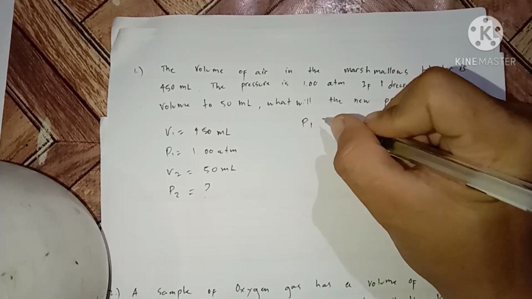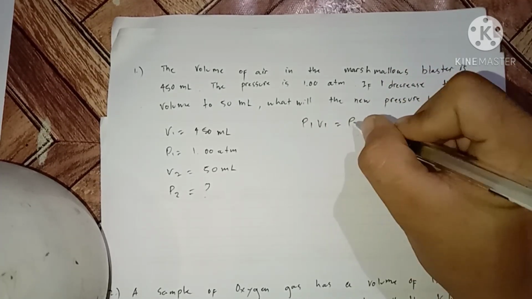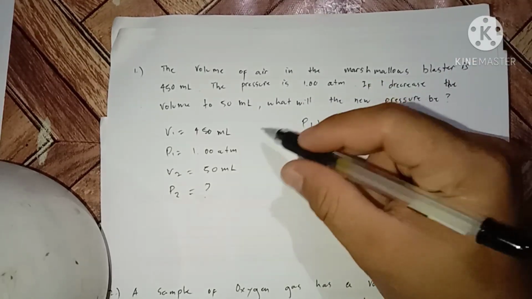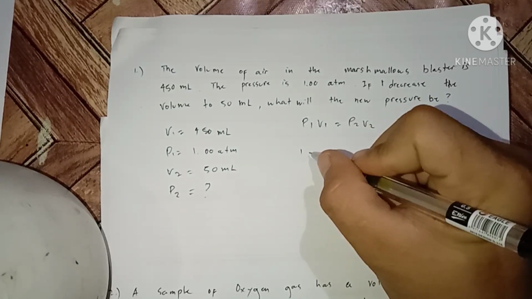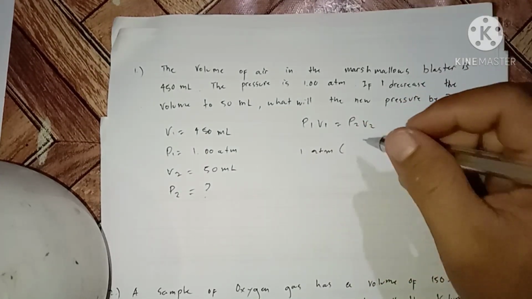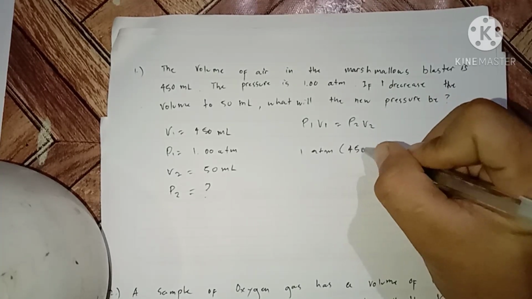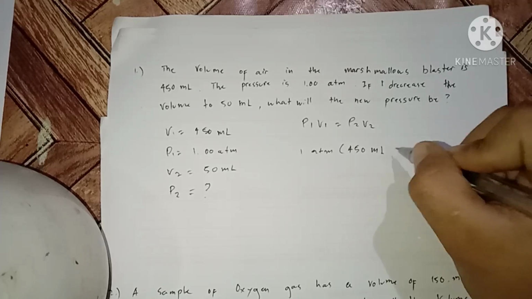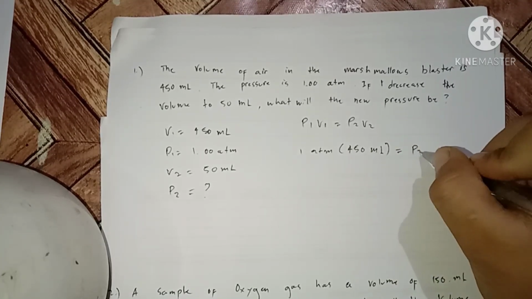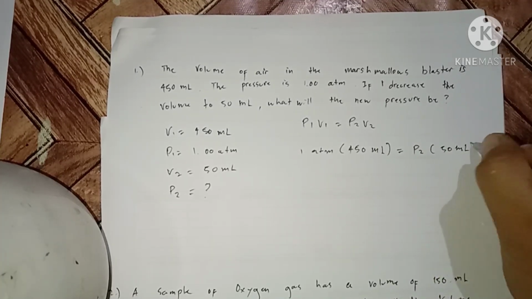P1 times volume 1 equals pressure 2 times volume 2. So the value of P1, 1 atm, times the value of V1, 450 ml, equals the unknown P2 times the value of V2, 50 ml.